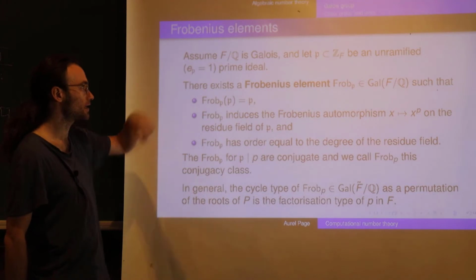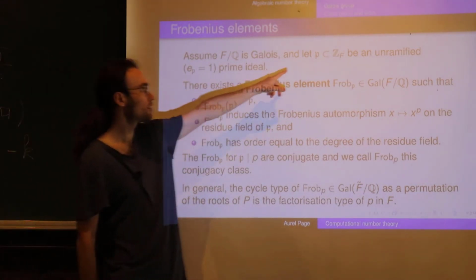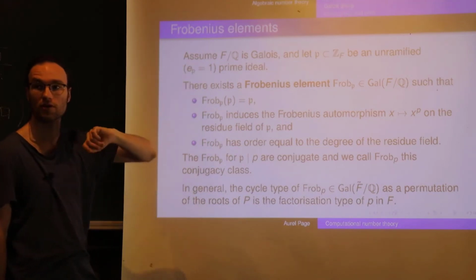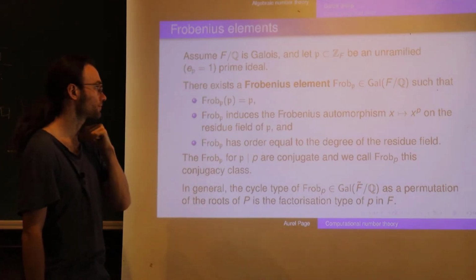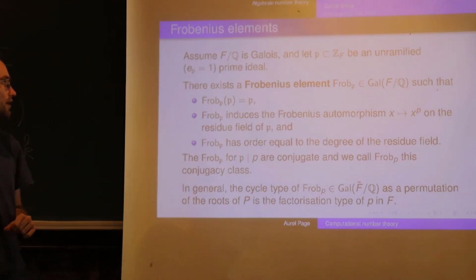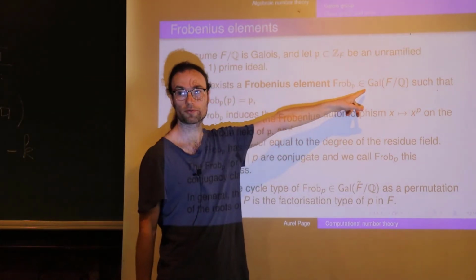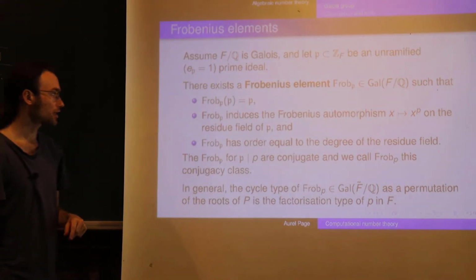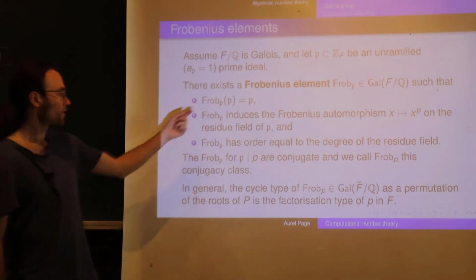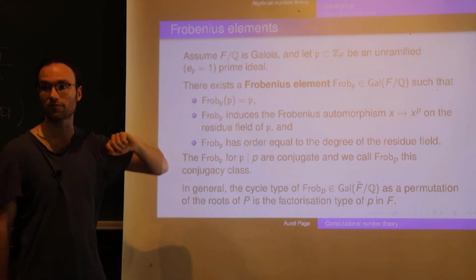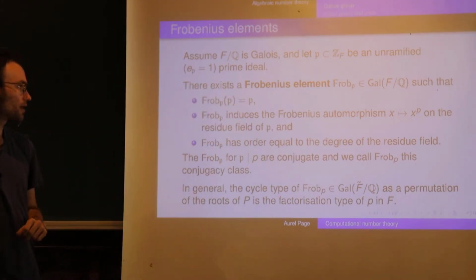So we assume here that f is Galois, and we take a prime that is unramified. So in the decomposition, all the exponents are 1. And in this case, there exists a Frobenius element, an element of the Galois group, that is characterized by the following properties. If you apply it to the ideal P, it's stable. You just get the same prime.